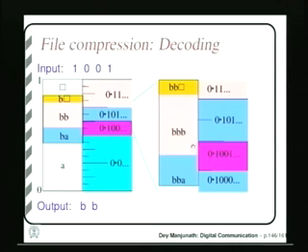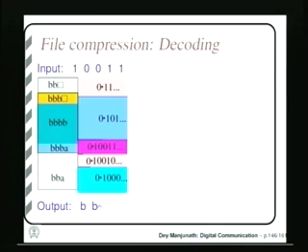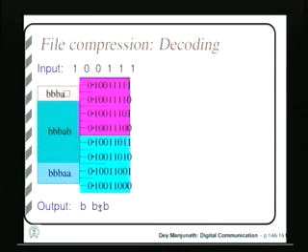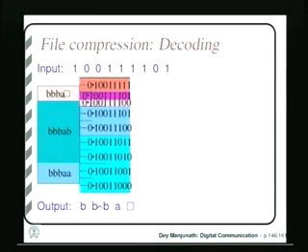Now we can say that it is in this BB. BB starts from here and ends here, so it is inside that, and we can decode the second symbol also. We keep doing that, and as we receive bits, we can decode. The final decoded output is BBBA end of file.